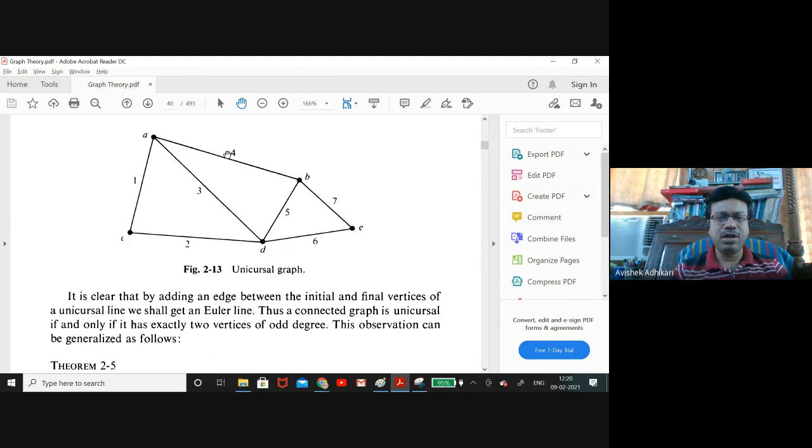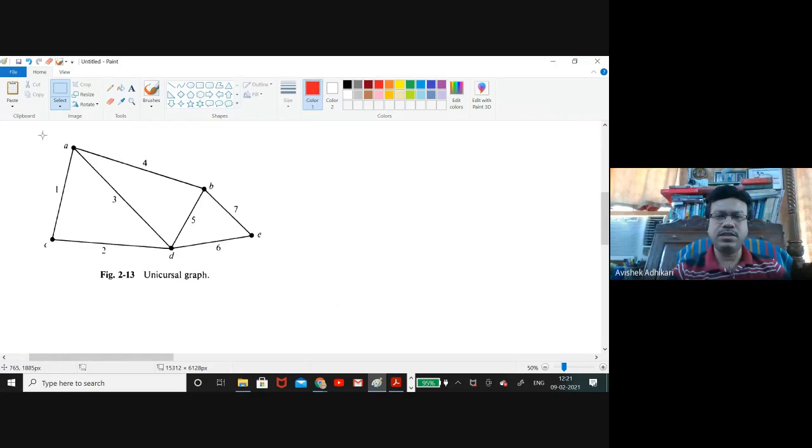That means you need not start from A and come back to A. This is a connected graph, but the degree of each vertex is not even, so it cannot be an Eulerian graph. But can you have the property that it starts from some vertex and ends at another vertex, exploring all the edges exactly once? Can you tell me such a path, starting with say A?